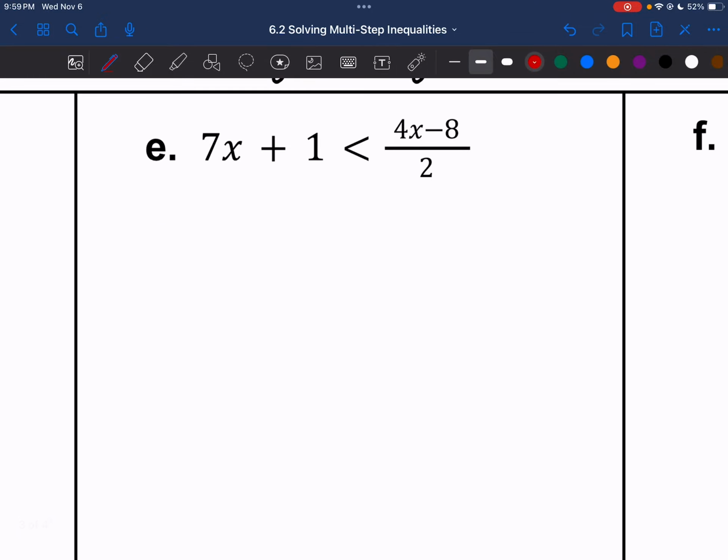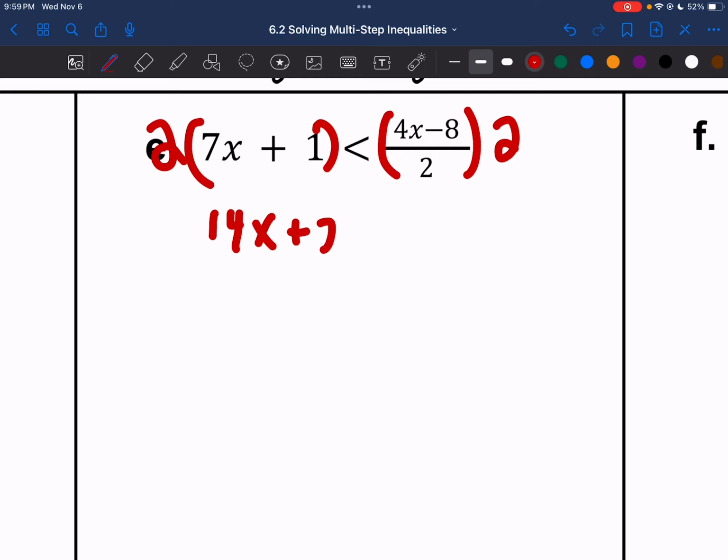Letter E, this one is similar to one on the previous page, where we're going to start by getting rid of that fraction. We're going to multiply both sides of our inequality by 2. So we get 14x plus 2 is less than 4x minus 8.